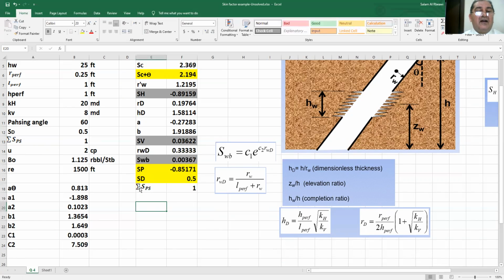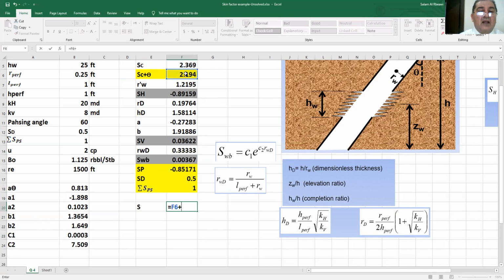The Darcy flow, let me highlight this one. In this case, skin factor is the summation of this one, plus that one, plus this, plus that. So here is our skin factor. This is the total skin factor.